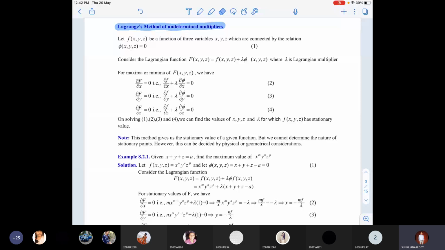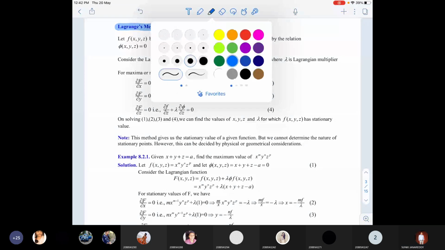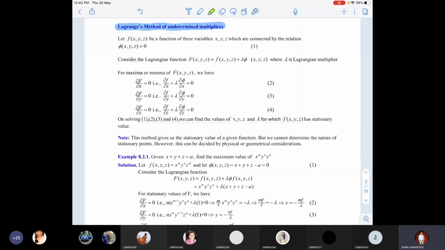First, all of you listen to me carefully. Let f of x comma y comma z be a function of three variables x comma y comma z, which are connected by the relation phi of x comma y comma z.